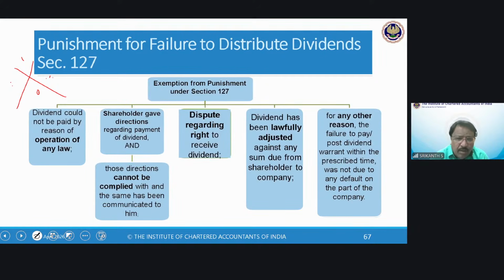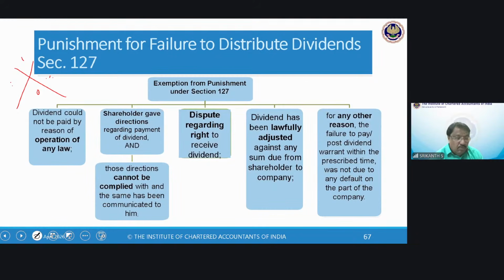So these are the exemptions from punishment under section 127. If you are able to show these circumstances, you can escape section 127. What are they? The dividend could not be paid by reason of the operation of any law. A simple example: there is a non-resident shareholder in a company, a person resident outside India.